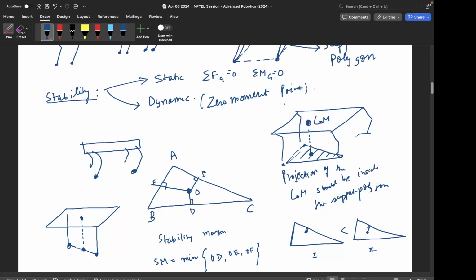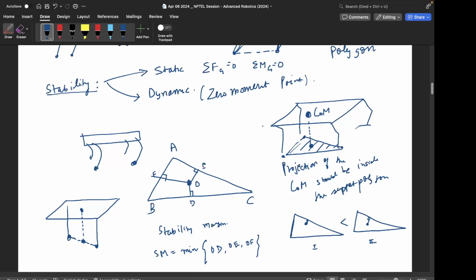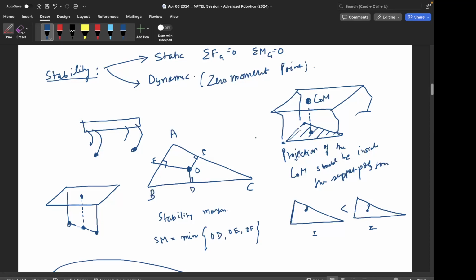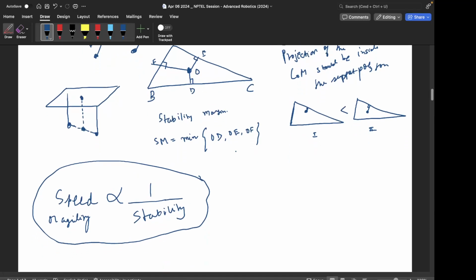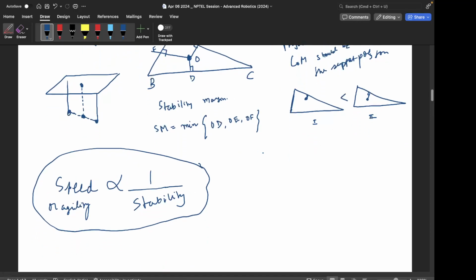It's a fictitious point about which the net moment is zero, and if that point lies inside the support polygon or on the support line, then the system is stable. In dynamic stability, if you stop the system in a certain configuration, it will fall down. It's not necessarily going to stay in that configuration.